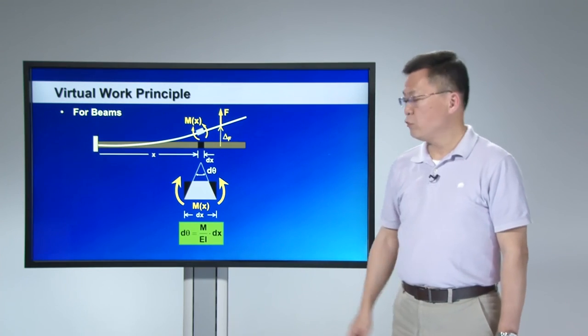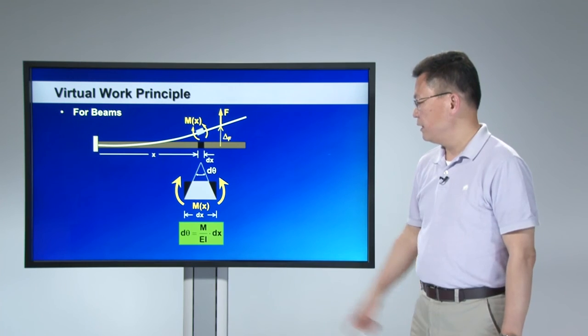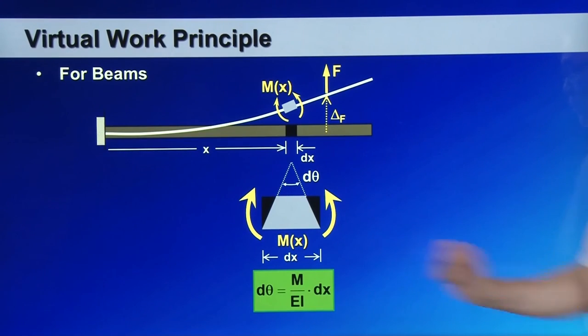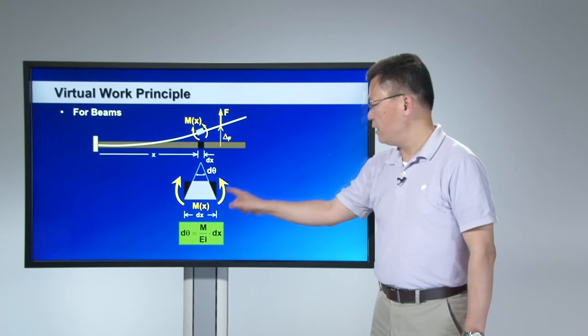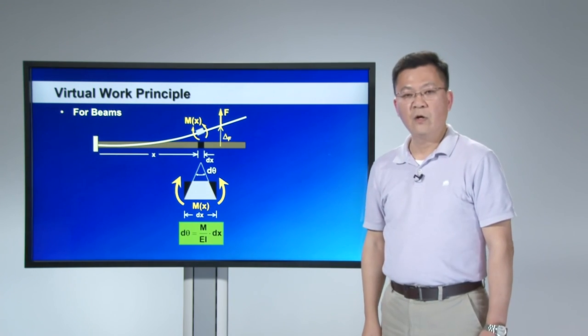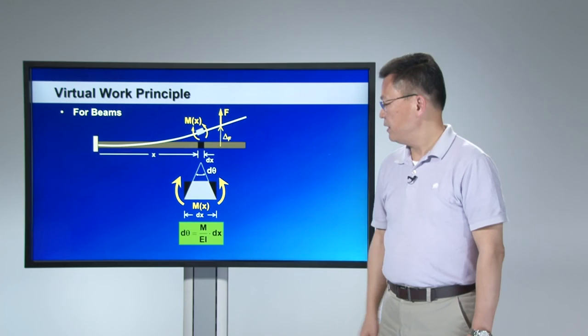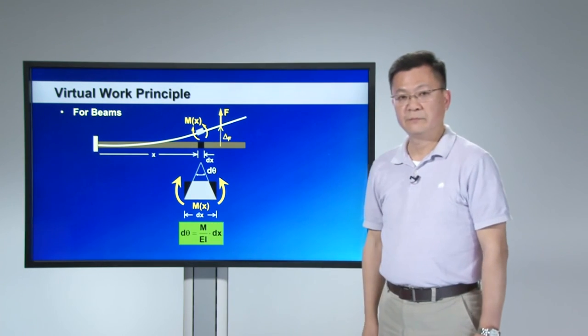According to the moment curvature equation, d theta is equal to M over EI times dx. Hence, the strain energy stored inside this small element is equal to 1/2 M times d theta.